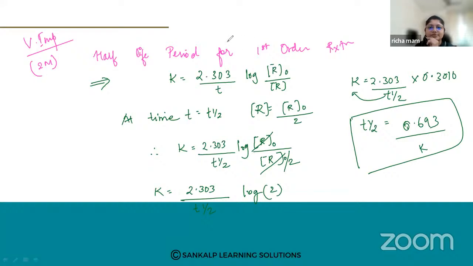Okay, got it? Yes, is it clear? So half-life period. Taking the rate constant equation, which we have derived from the integrated rate equation, and applying the conditions where T is equal to T half, that is when the time is reduced to half, the concentration of the reactant is also reduced to half of its initial concentration.